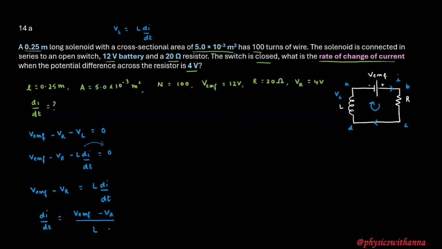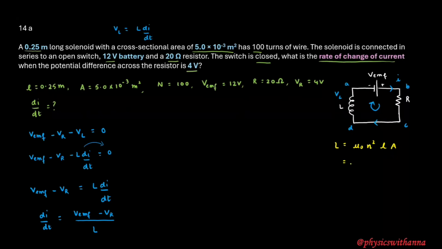Now how do we calculate the inductance? Inductance L is given by the rule mu naught n squared l times A, where mu naught is magnetic permeability of free space, small n is the number of turns per unit length, l is the length of the solenoid, and A is the area of cross section.